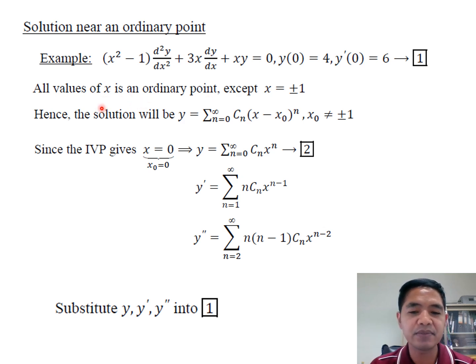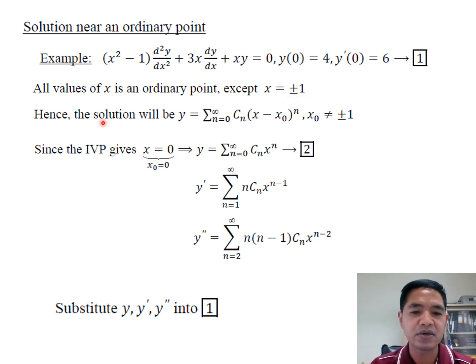Other numbers like 0, 2, 3, 4, 5, or whatever, are ordinary points. So I said it here: all values of x are ordinary points except x equal to plus or minus 1.